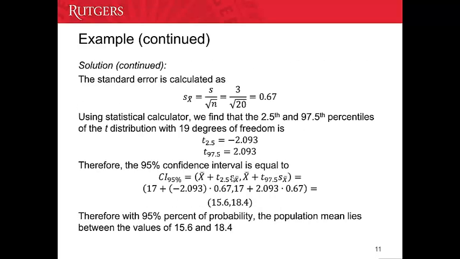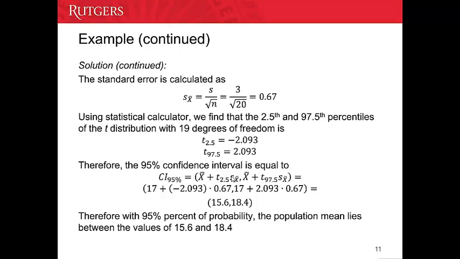The standard error is calculated as the standard deviation divided by the square root of the number of observations. It is equal to 0.67.